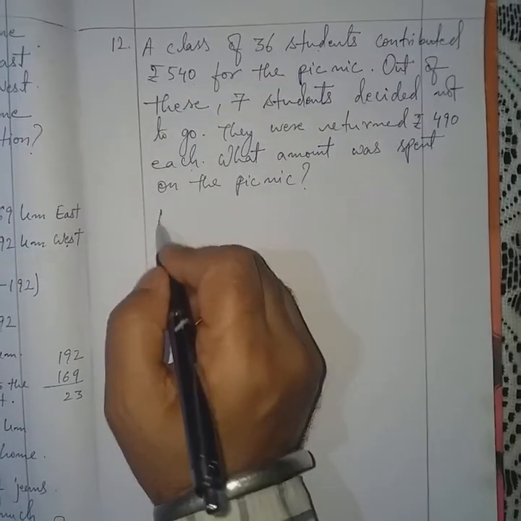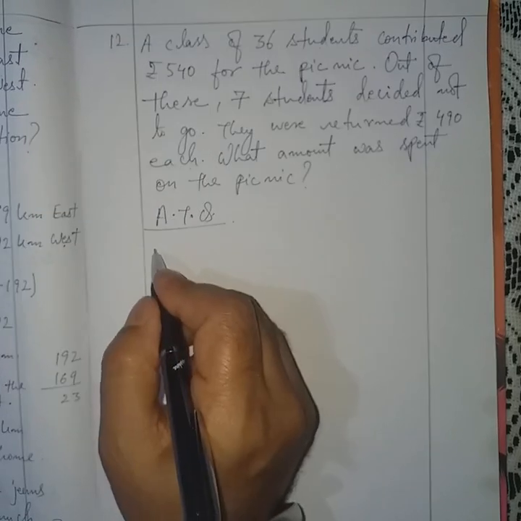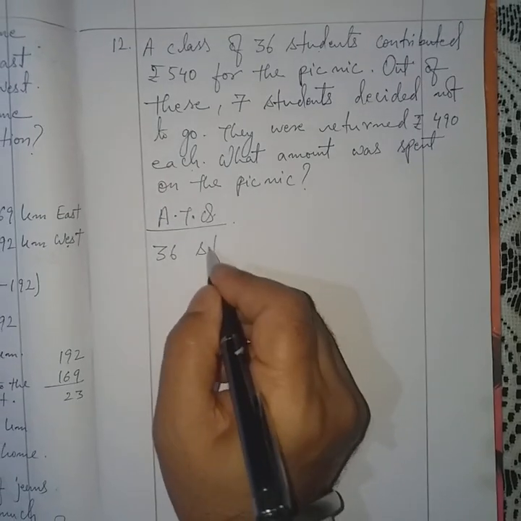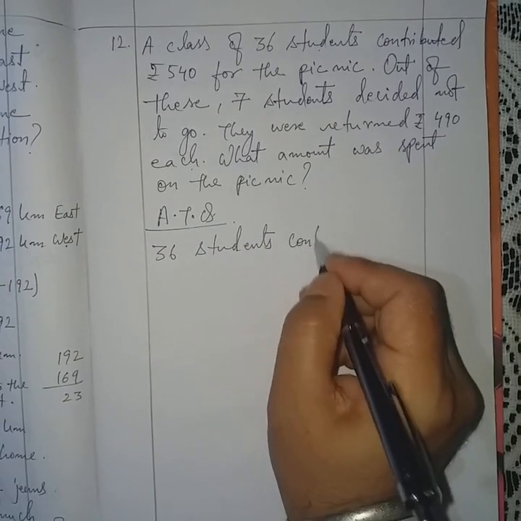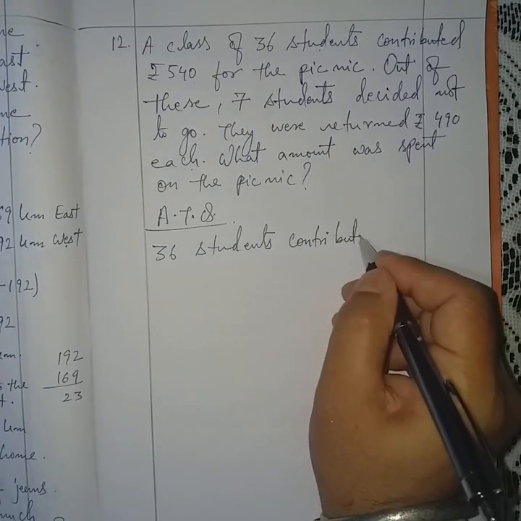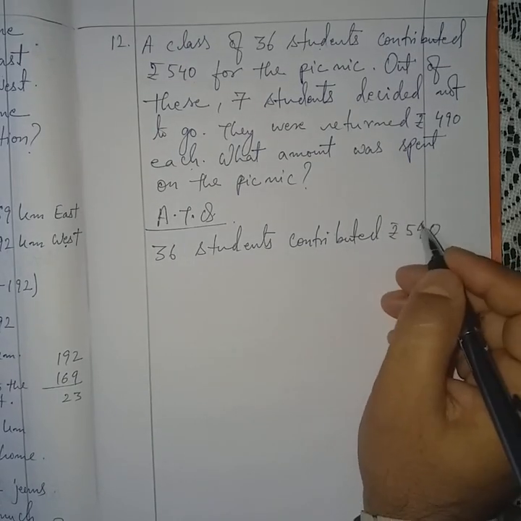So let us write according to question, okay, 36 students contributed rupees 540.